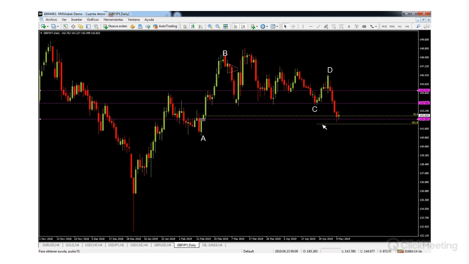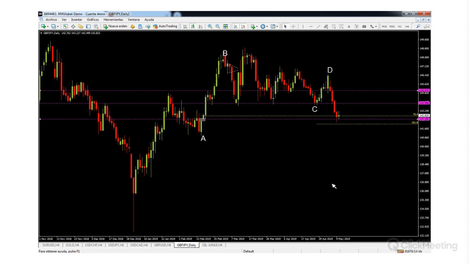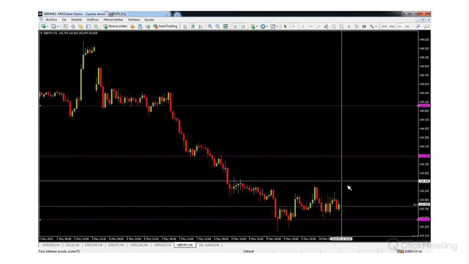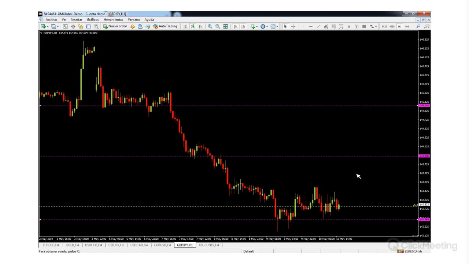The 161.8 of the C to D move confluences with the 76.4 and this previous level of support and resistance, and that gap. So I would be very interested in looking for a buy opportunity here on the pound versus the yen.